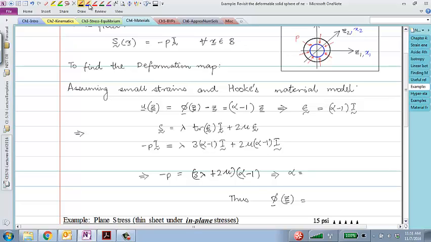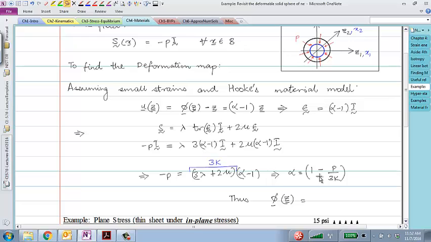And we know that 3 lambda plus 2 mu is 3 times the bulk modulus K. So alpha, if I take this to the other side and then add 1, turns out to be 1 minus p over 3K, which is the scaling factor by which, if I apply pressure P, alpha would be given by this.